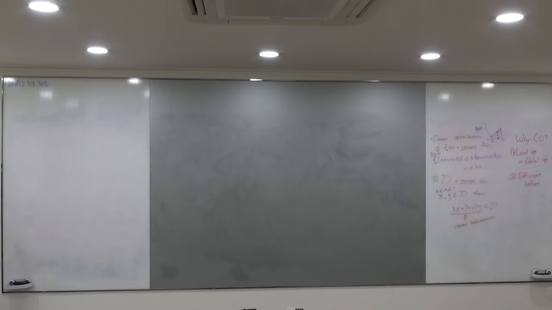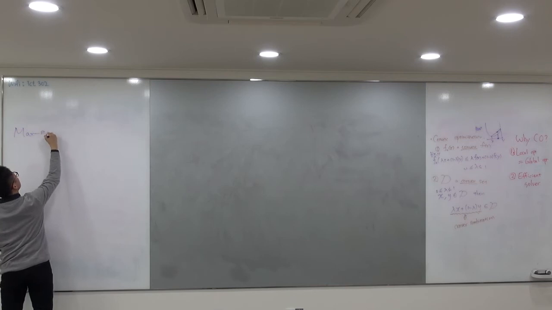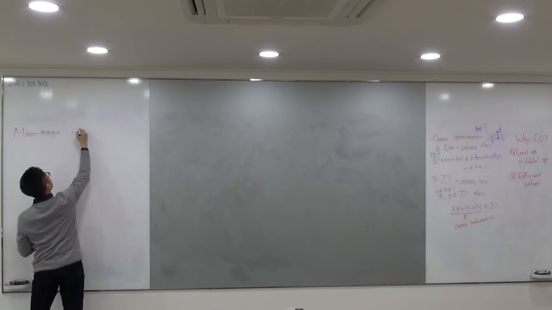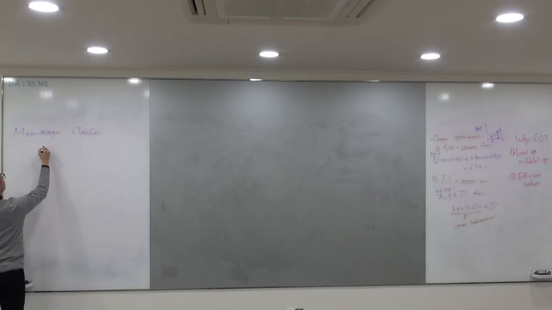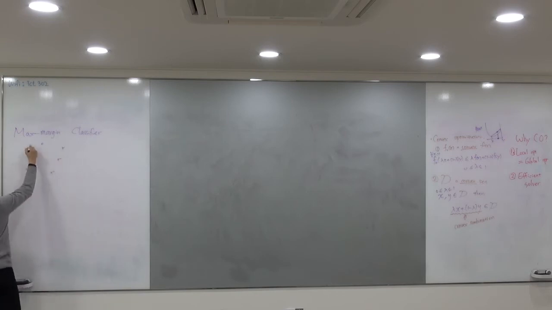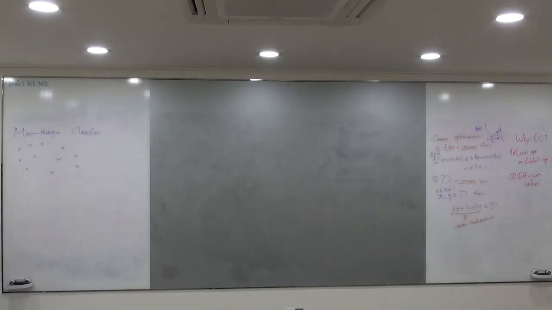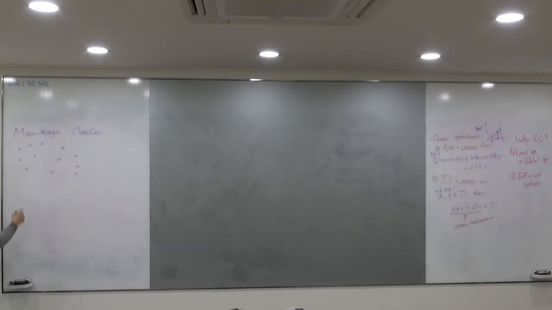Then let's build the maximum margin classifier. Let's say we have some two-class data, and we label each class -1 and +1 for mathematical simplicity.